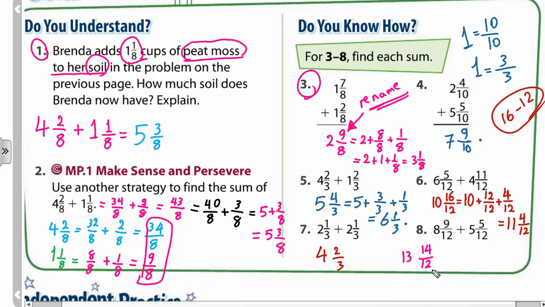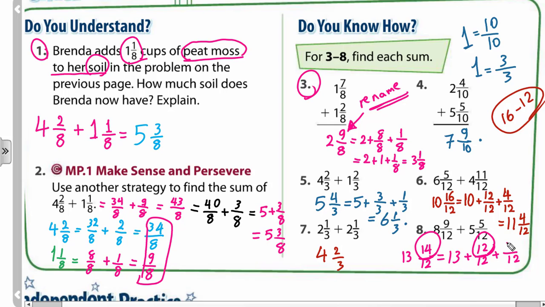Yes. This is more than 12 twelfths. So we will take 12 twelfths. And how many twelfths remaining? It's 14 and we take 12.